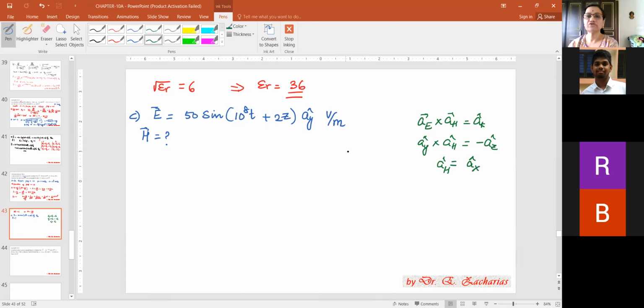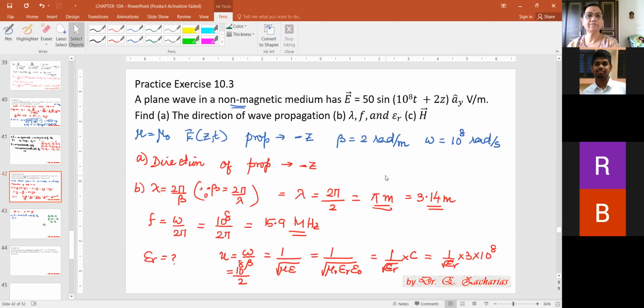So next, what are the things you need? You need modulus eta. Now, can you tell me whether this medium is a lossy medium or a lossless medium? From this equation, can you say which it is?